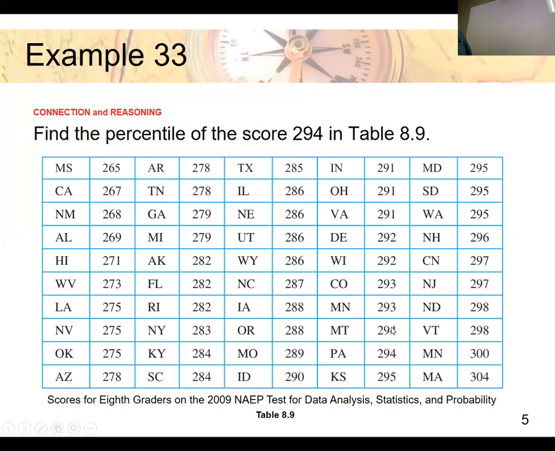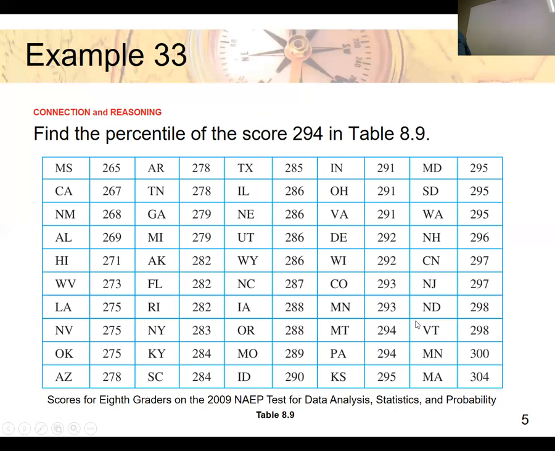Now we want to count how many observations have scores less than 294. In the first column, there's 10. The next column is another 10 for 20. This next column is another 10, that's 30. Then 31, 32, 33, 34, 35, 36, 37.